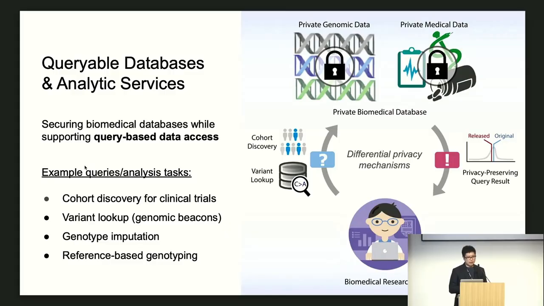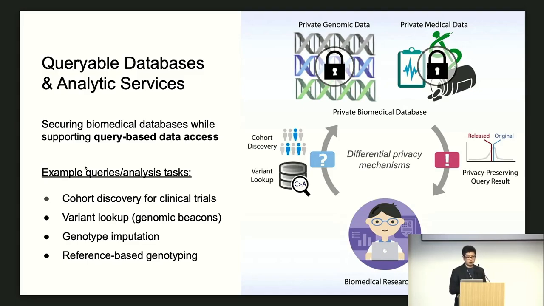This next use case I wanted to point out is queryable databases. Here the high-level problem is we have all these large biomedical databases. We want to open them up somehow to allow researchers to interact with these databases to obtain answers to different types of analysis queries that they may have. There are different types of settings where this can be useful. For example, we can have clinical databases where the users are interested in defining a study cohort based on some match criteria.